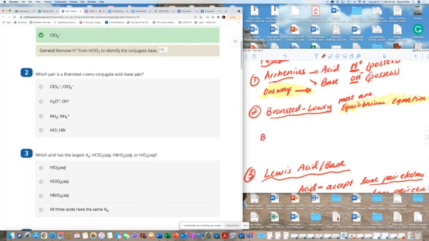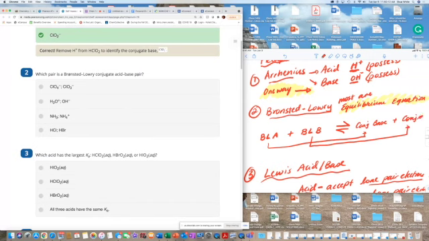So we have the Bronsted-Lowry acid plus the Bronsted-Lowry base. We have our equilibrium arrow, and then the acid becomes the conjugate base, and then the Bronsted-Lowry base becomes the conjugate acid. Essentially like that, right?